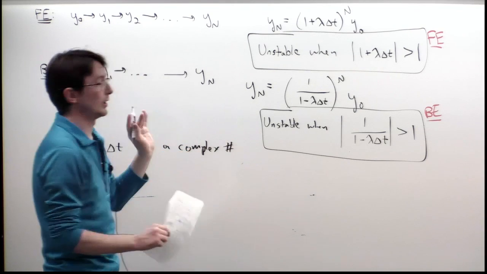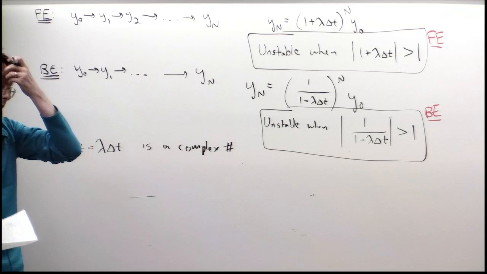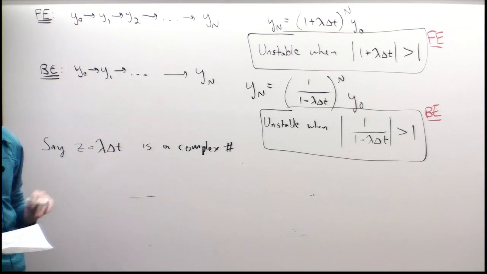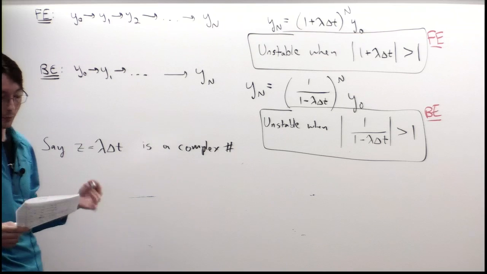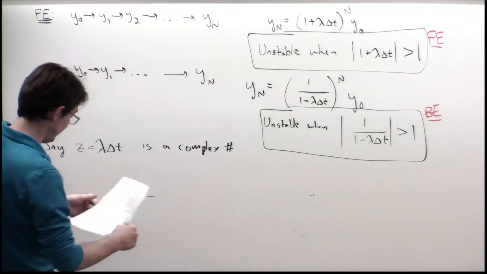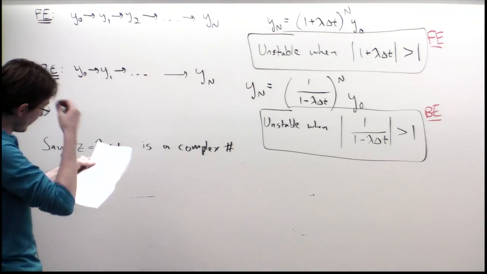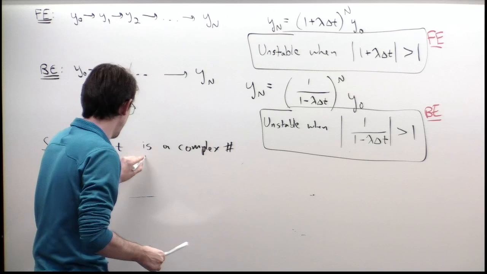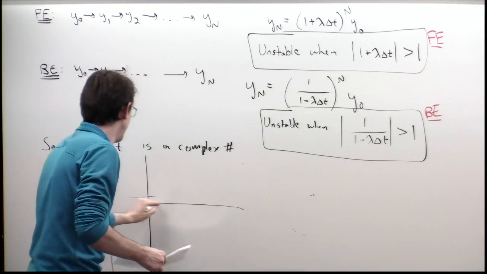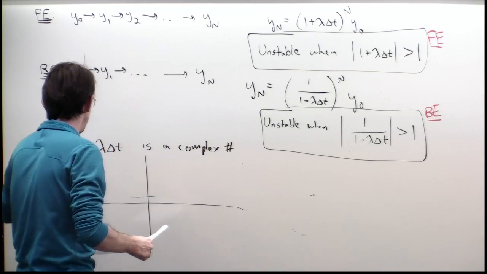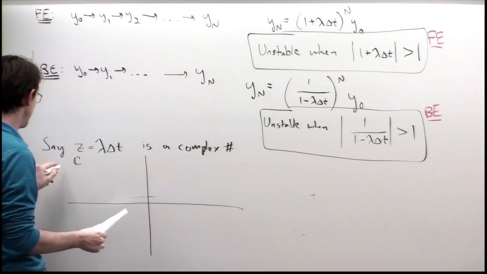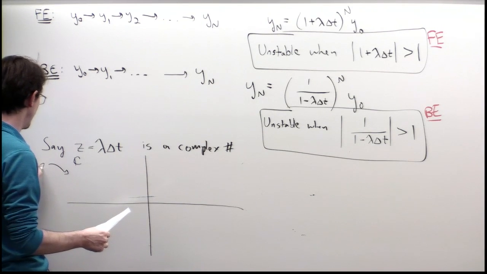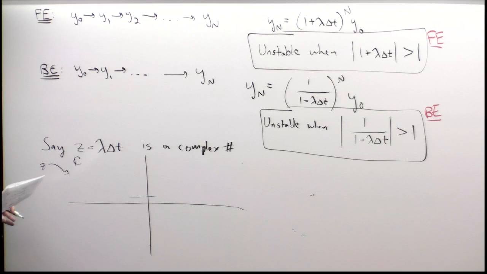If you don't like it being a complex number, just make it a real number: make lambda some negative number so that our system's stable, and choose a delta t. Nothing really changes, but I want to do this in general. So this is C, the complex plane, and z is some variable in the complex plane.